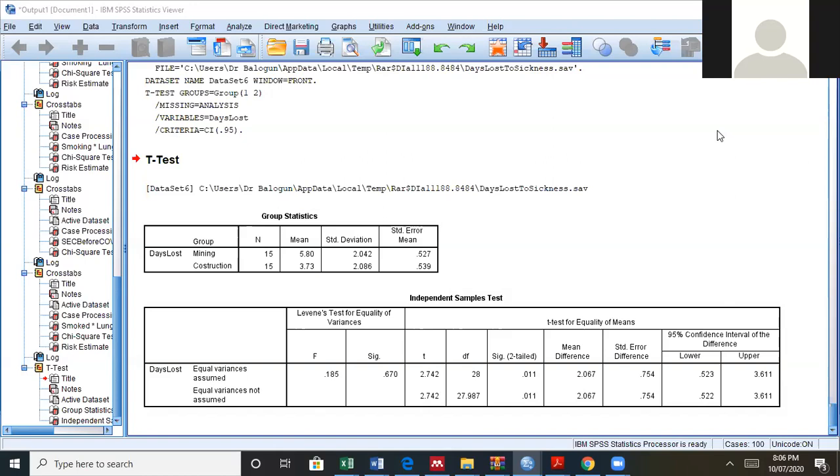We may try to see the difference between male and female. When you see it, you will see what I'm saying. The Levene's test will be significant because the samples are not the same. It will affect the variance.